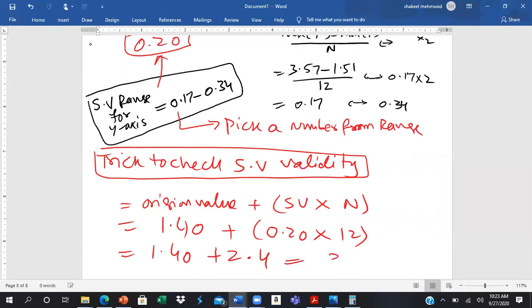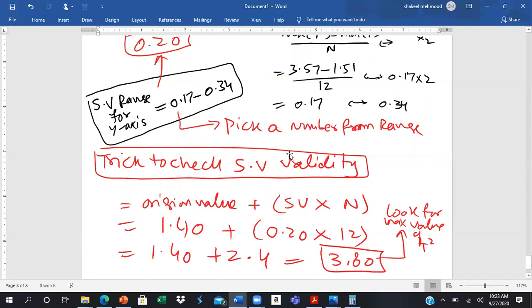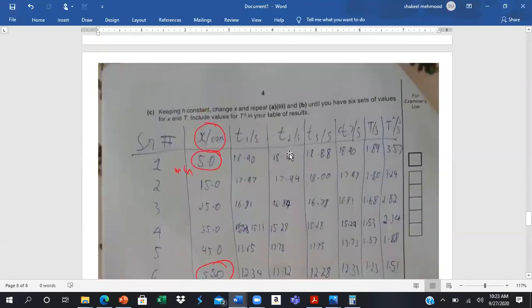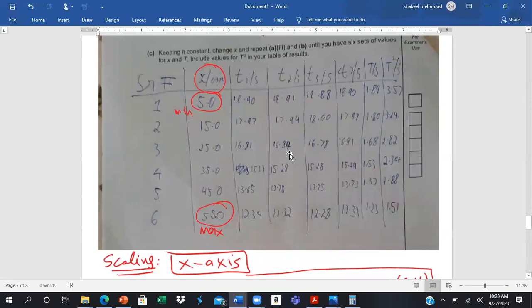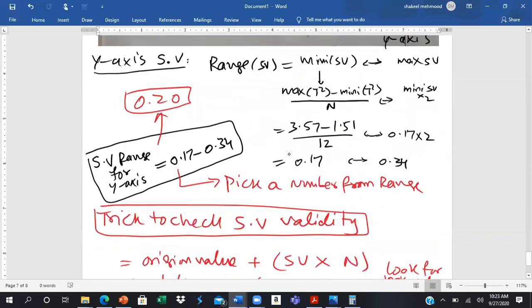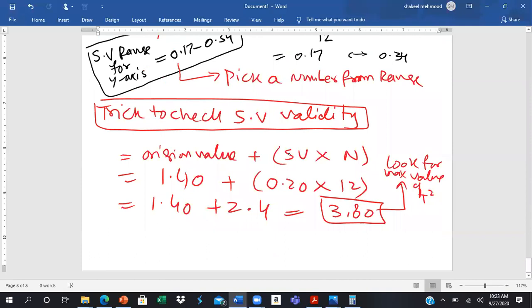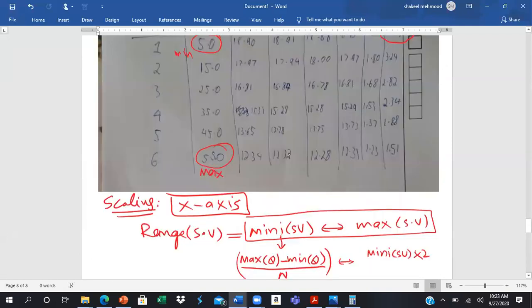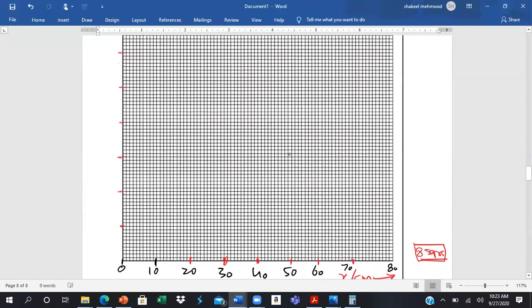The answer is 3.80. Now look for the maximum value of t square. If the maximum value is less than 3.8, then you can use this origin value and this scale value. The value is 3.57, which is way less than your answer. So it is confirmed that you can use this scale value and this origin value as well. Let me start plotting the graph.